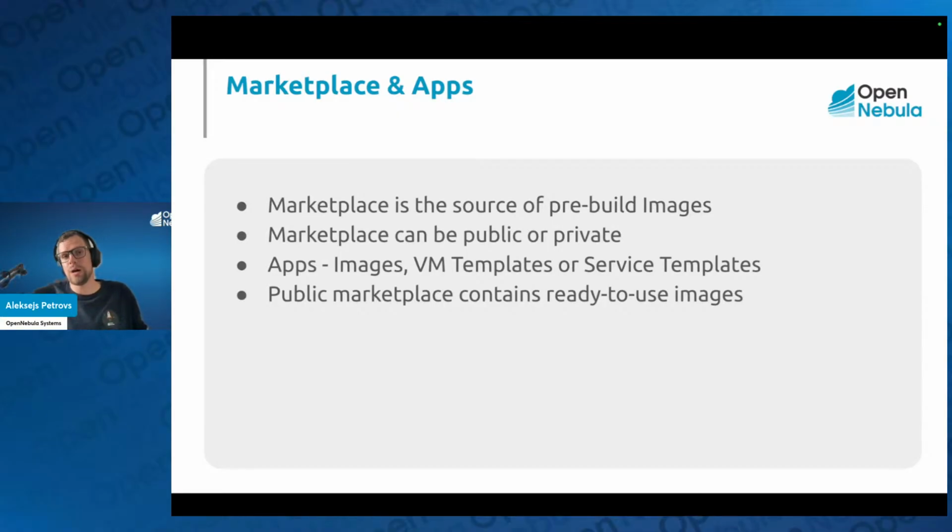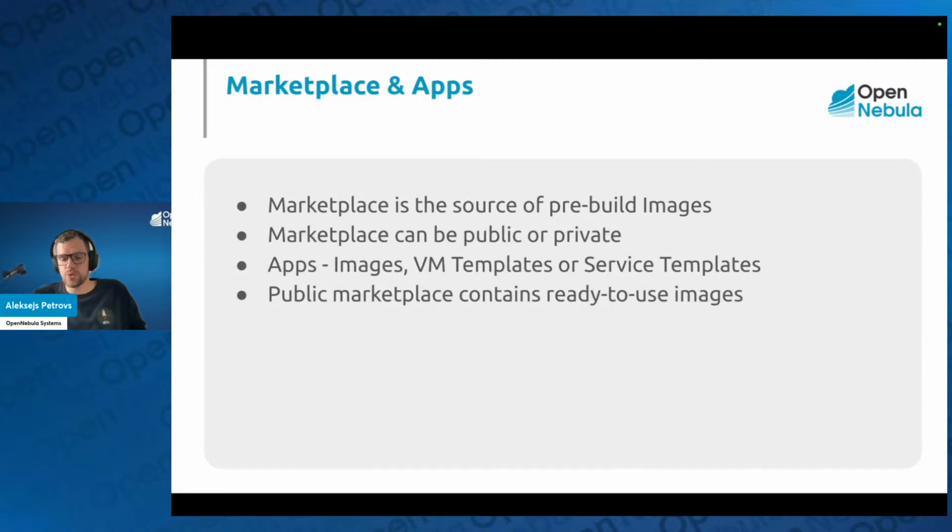You can get them from our public marketplace, because the thing is that an OpenNebula image is not a vanilla image of an operating system. It's the operating system plus a layer called contextualization. This is how OpenNebula can, let's say, configure a network, set the host name, set the time zone, with the help of parameters, so you don't need to log in and configure all that manually.